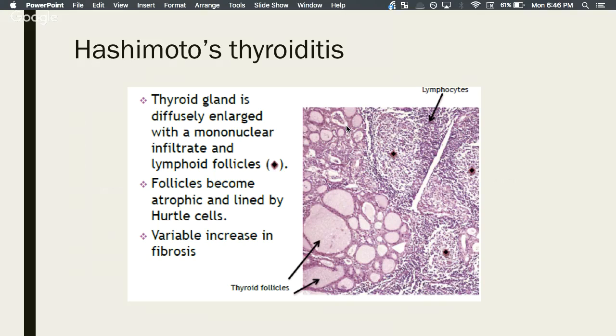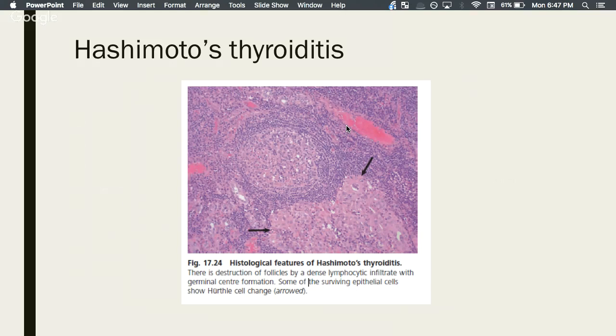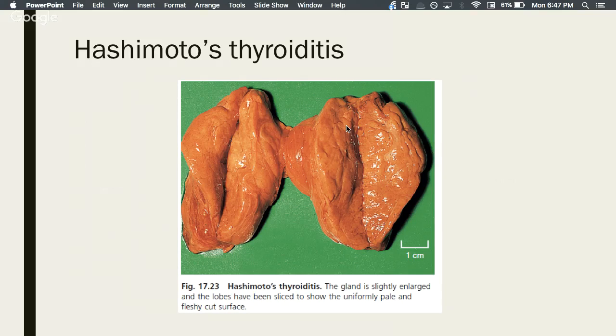Basically your follicles are atrophic, which results in your hypothyroidism, and you get instead the Hürthle cells, which don't do anything, and fibrosis. So your gland is slightly enlarged, and that's pretty much what it looks like.